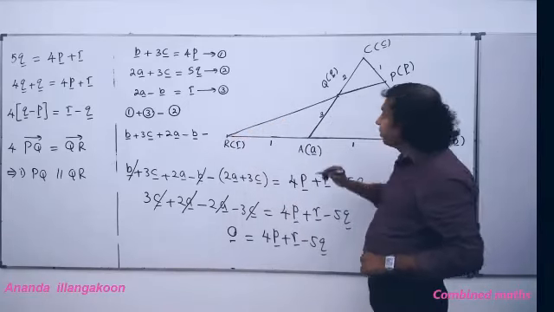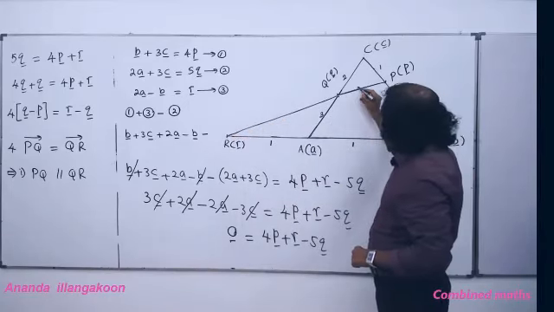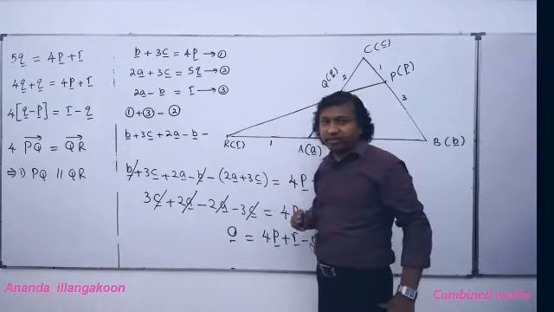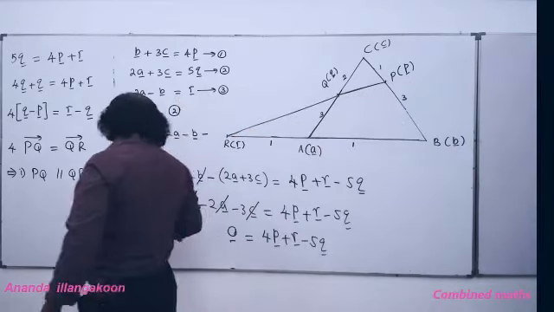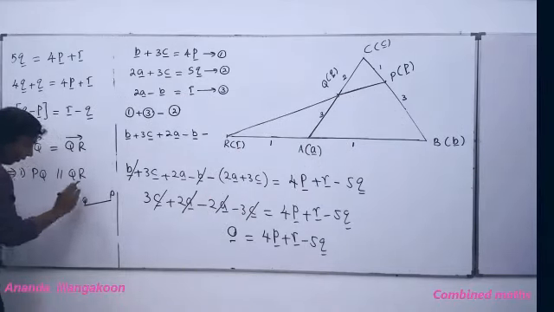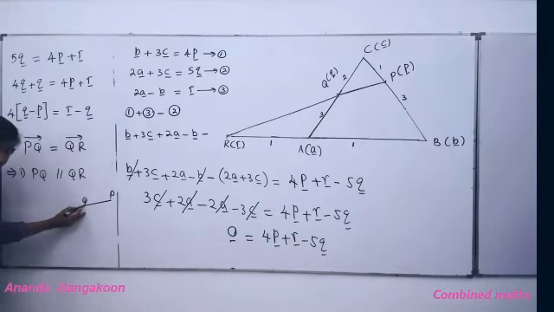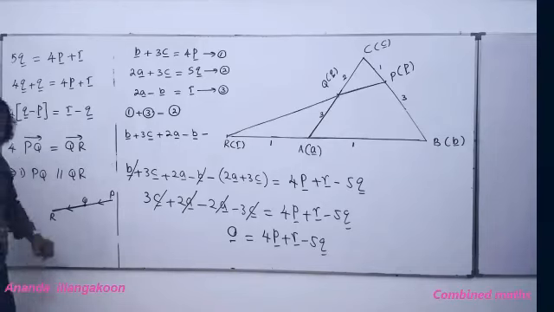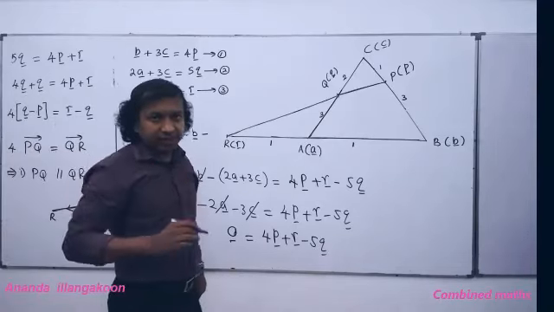How can this be, people? PQ line parallel to QR line. We have PQ line like this. Another line segment is starting from Q. That should be parallel to this PQ. Then that R should be on the line PQ extended, no? For this QR to be parallel to this PQ, people, P, Q, R should be on the same line. Am I correct?